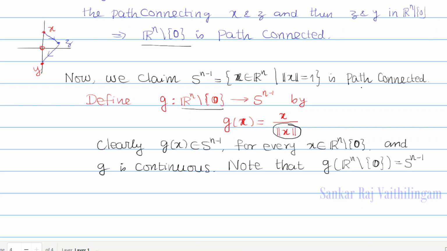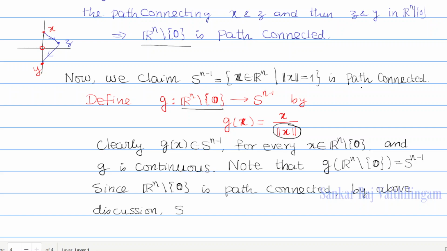Since Rn set minus singleton 0 is path connected, by the above discussion we have that Sn minus 1 is path connected.